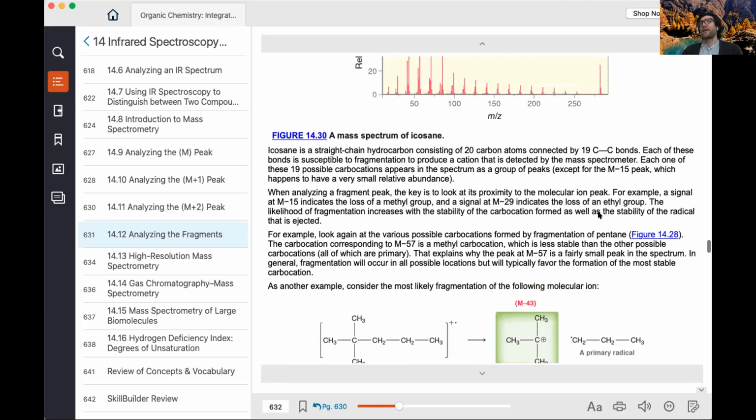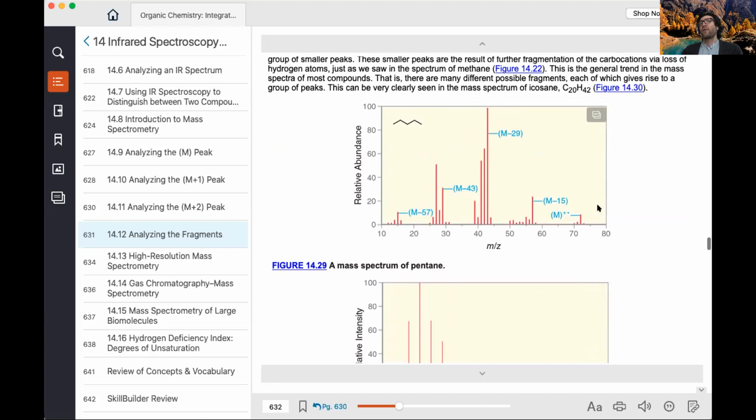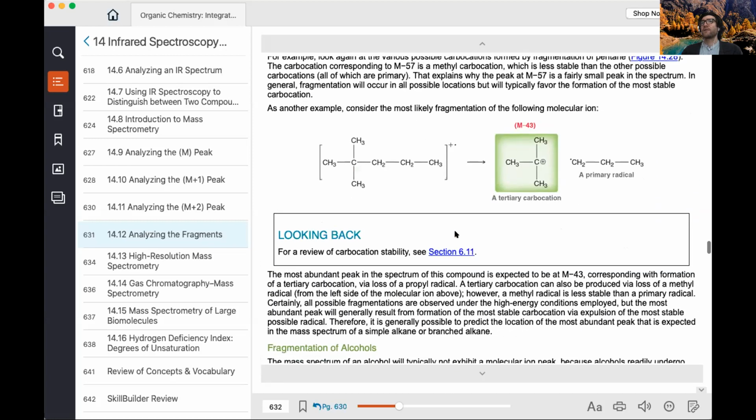So the other thing is, we've only talked about linear alkane groups, but you can also do mass spectrometry on alkanes that are not linear. And if you do this, the most likely fragmentation is that the largest fragment you'll see is this one, the tertiary carbocation.